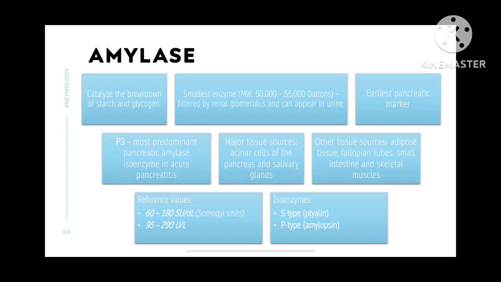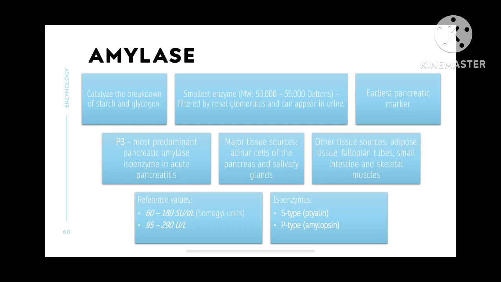In normal human serum, 2 major bands and as many as 4 minor bands may be seen. The bands are designated as P-type and S-type isoamylase. The P-isoamylase is derived from the pancreatic tissue, while the S-type isoamylase is derived from salivary gland tissue as well as the fallopian tube and the lung.